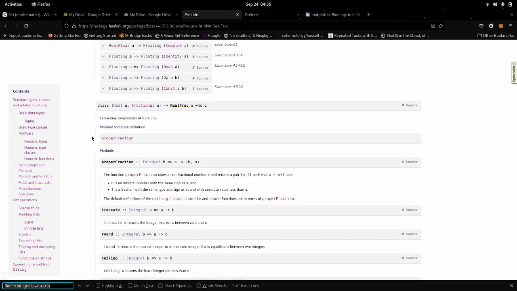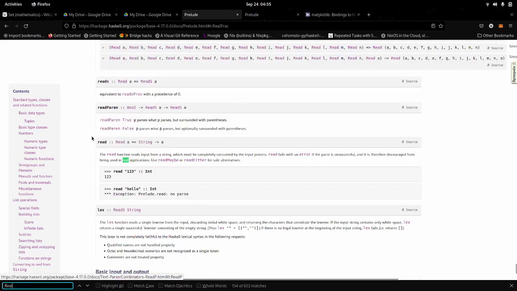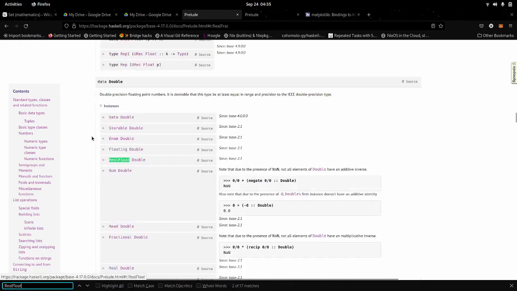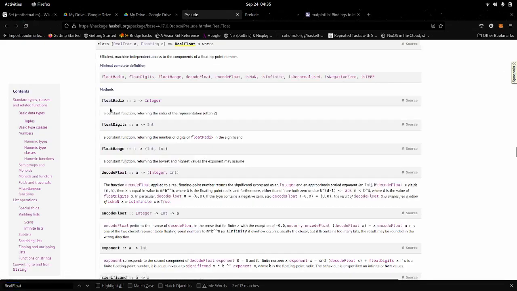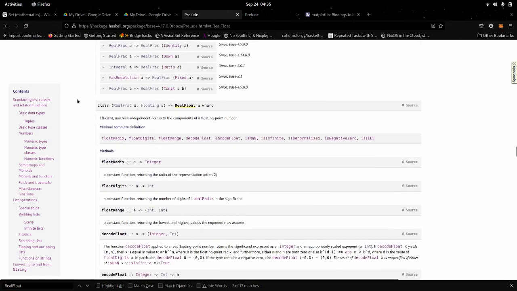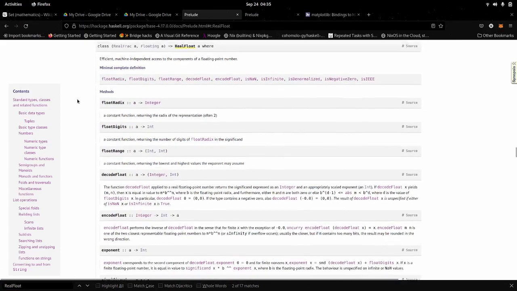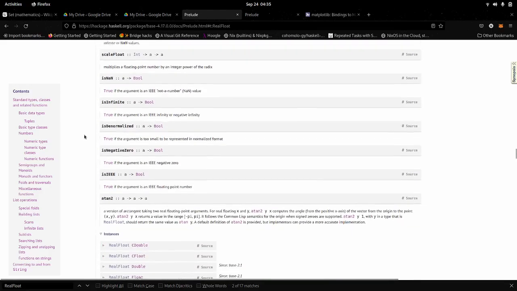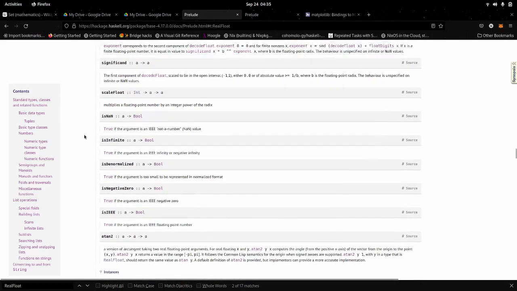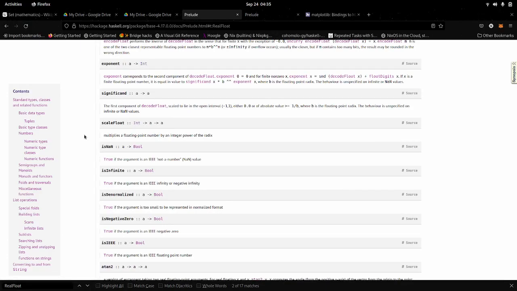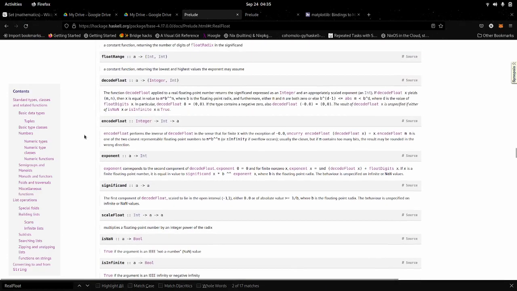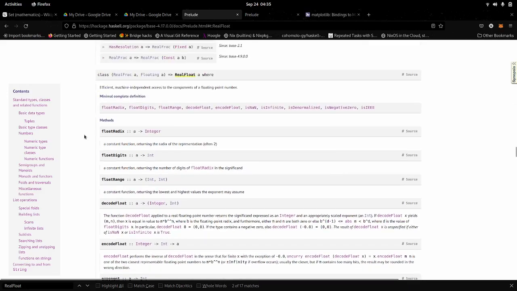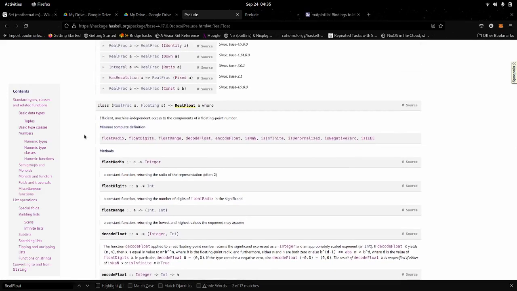Okay, and the last one, which really, again, I'm just going to it for the sake of awareness and listing them off, is RealFloat. I haven't even ever used this before, but it does exist. These are more not super often used functions.